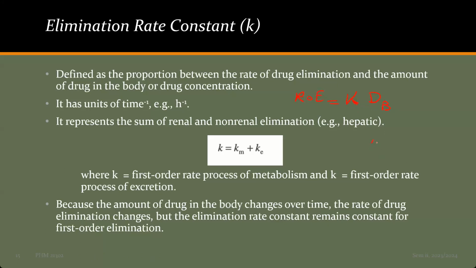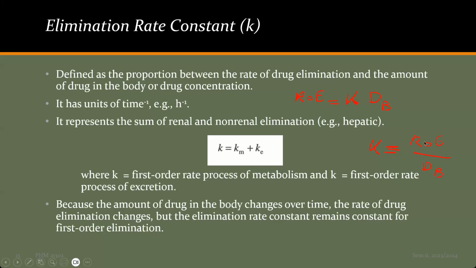So in this case, K will be equal to rate of elimination divided by the amount of drug in the body, right? So K here is the proportion between the rate of drug elimination and the amount of drug in the body. Understood? Okay.